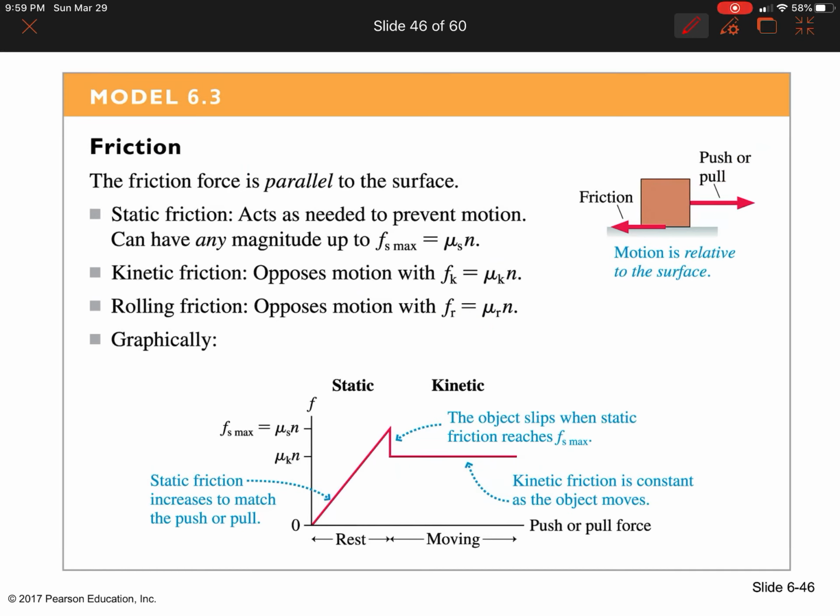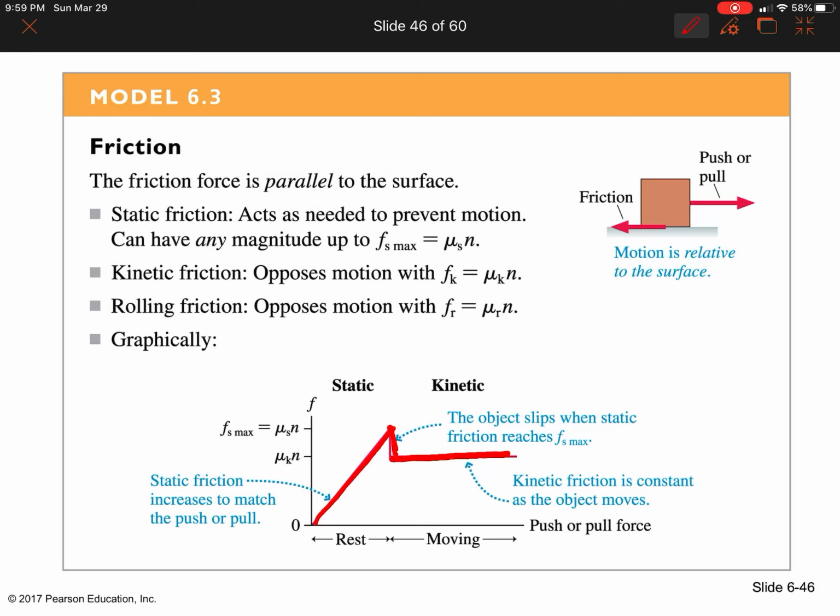All right. This graph here is good just to show that you can get to this maximum static friction, and once it slips, we said that the kinetic friction is less than the static friction, and kinetic friction doesn't increase.